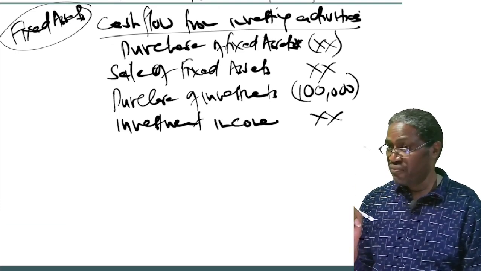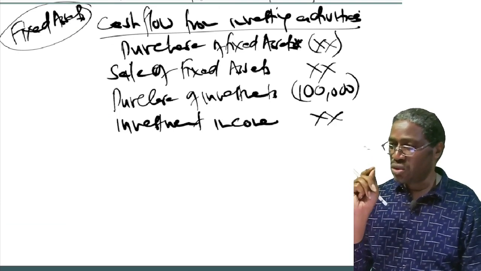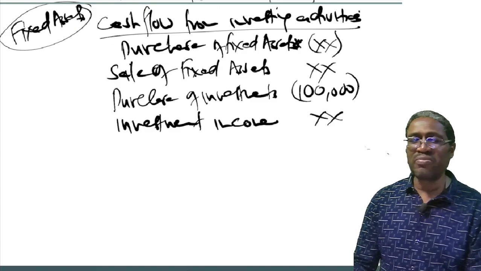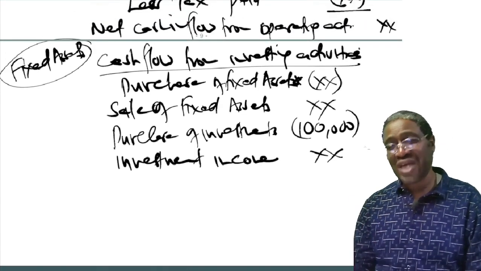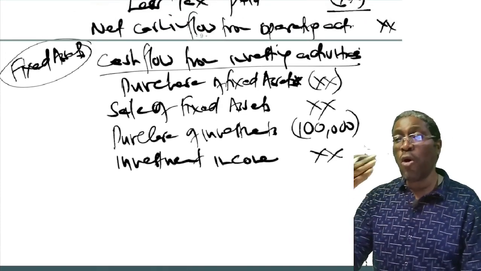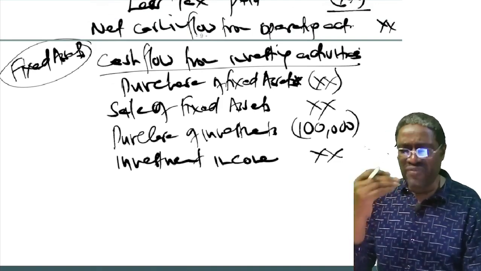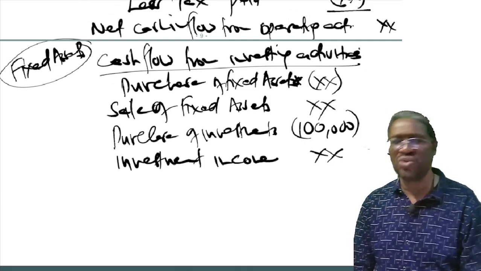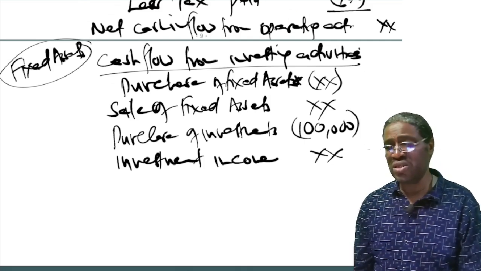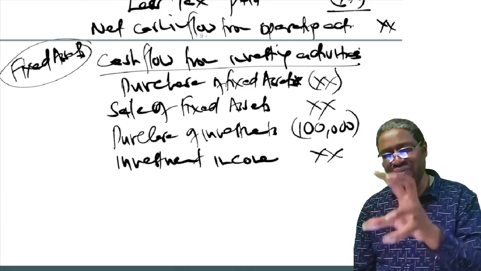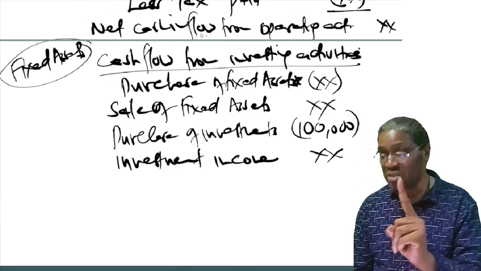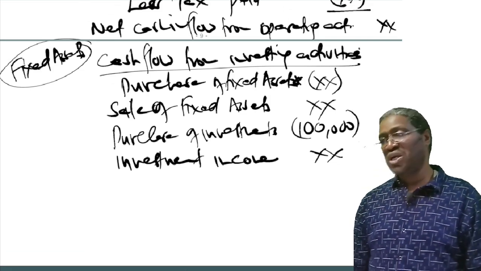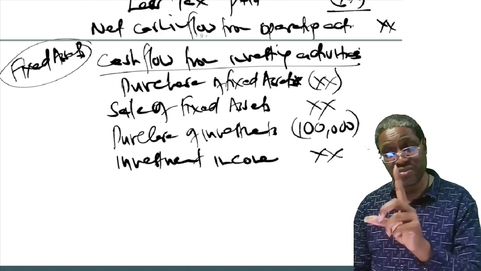No. It is investing activities. I said operating activities are transactions or events from the normal operations. When you invest and buy shares in a company, that's not a normal operating activity of your business. No. Just an investment you did. So any investment income, don't forget, should be classified as an investing activity.